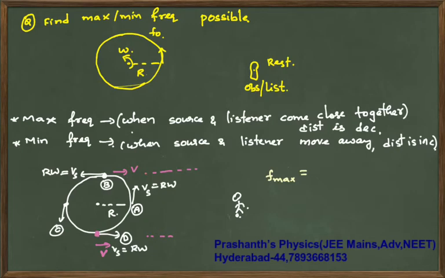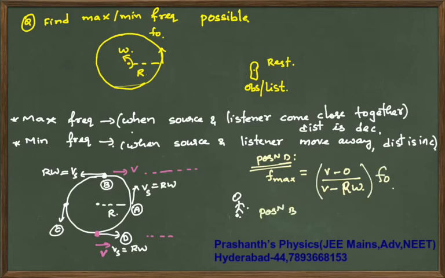So maximum will be at position D. How much? It is (V minus 0) by (V minus Vs), which is equal to V by (V minus R omega) times F naught.